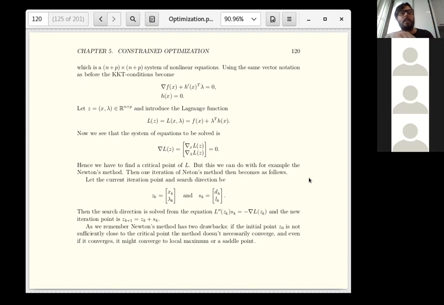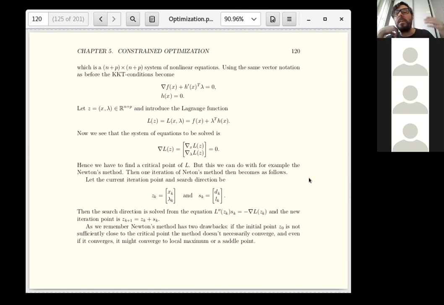In this case, we increase the dimensionality by 1, because we're going to be looking for a lambda coefficient for this h of x function. So we are looking for x, y, and lambda, and we call this new vector z. How many components there are in lambda depends on how many constraint functions h there are.